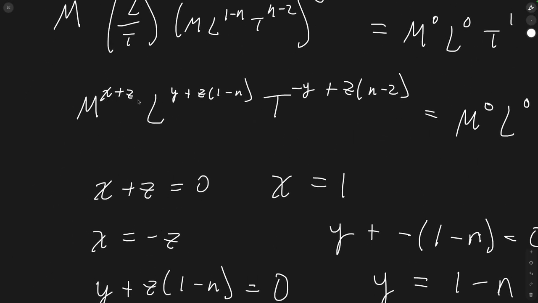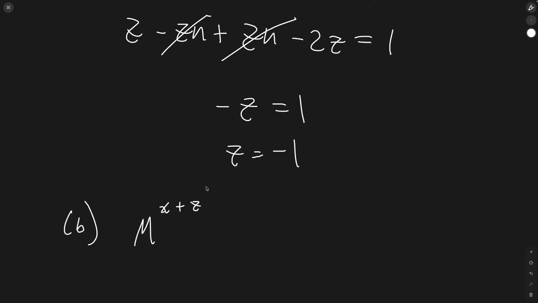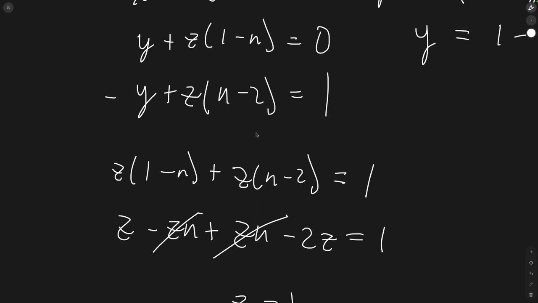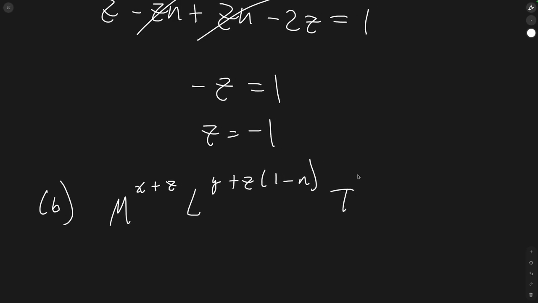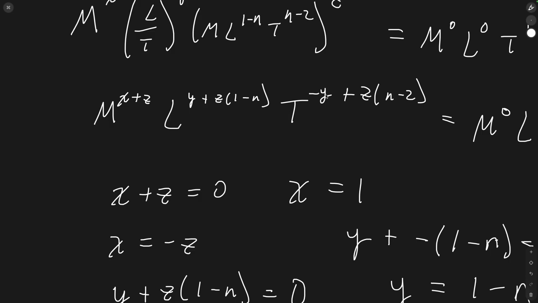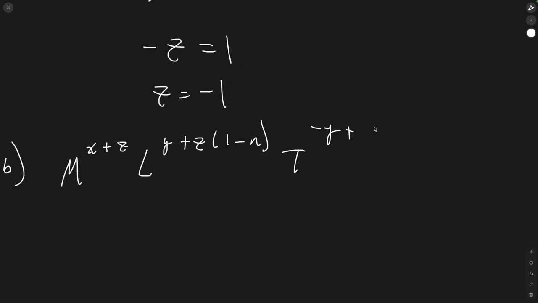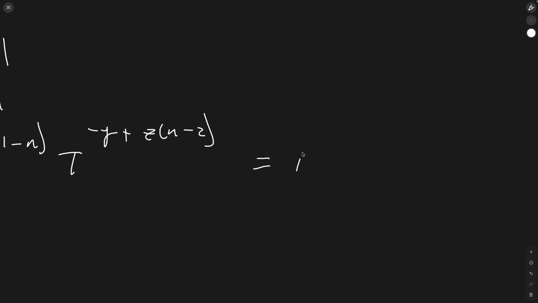So m to the x plus z, L to the y plus z times 1 minus n, and then t to the negative y plus z times n minus 2. That equals m to the 0, L to the 1, and t to the 0.